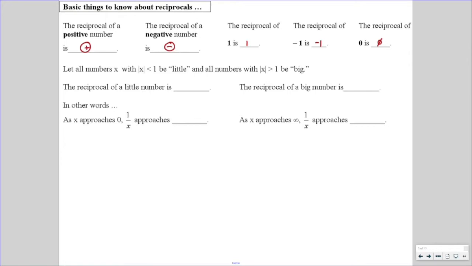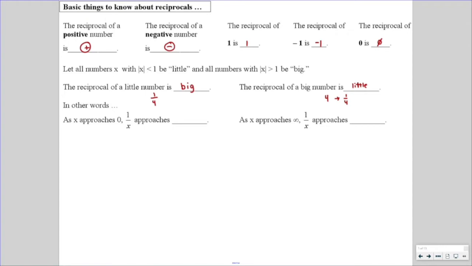The reciprocal of a little number is then big, right? If I take 1 over 4, the reciprocal is 4. 1 over 2, the reciprocal is 2. The reciprocal of a big number then is little. The reciprocal of 4 is 1/4. So a big number's reciprocal is little, and a little number's reciprocal is big.